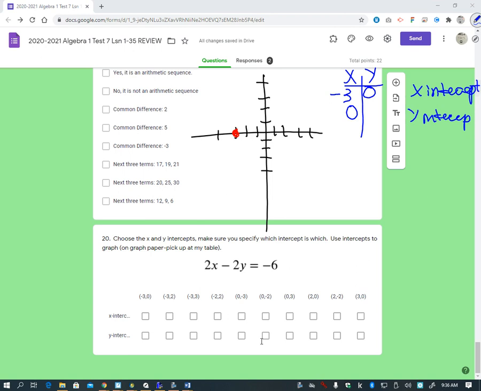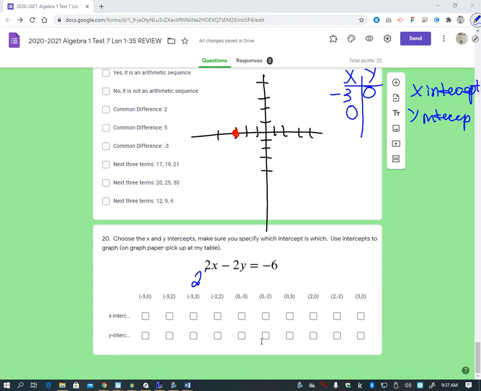Go ahead. 2y minus negative 6? No. How did we solve for the x-intercept? So Lee, how did we solve for the x-intercept? What did you do first? Substituted 0 in for what? For y, which is why I had you look at the table. So what are we going to do to solve for the y-intercept? Substitute the x with what?